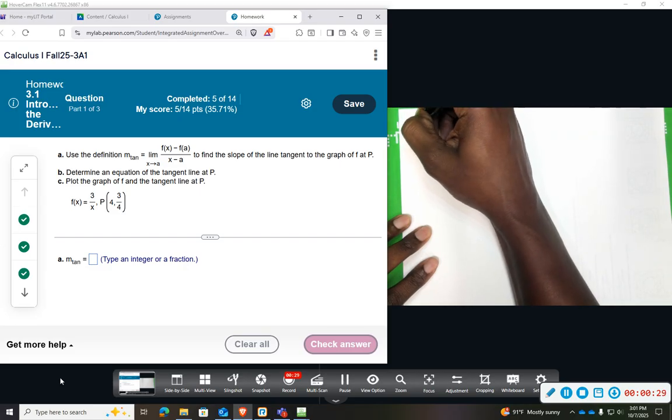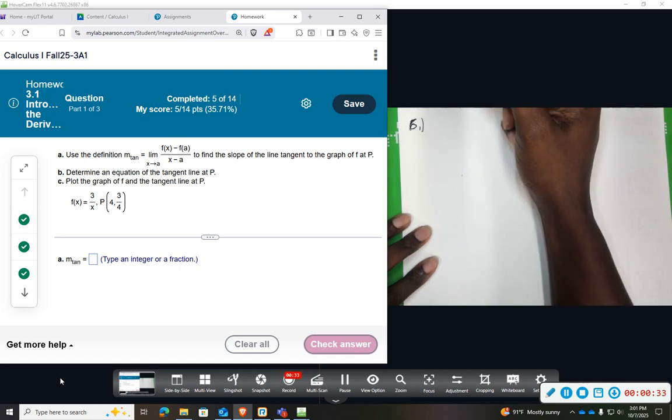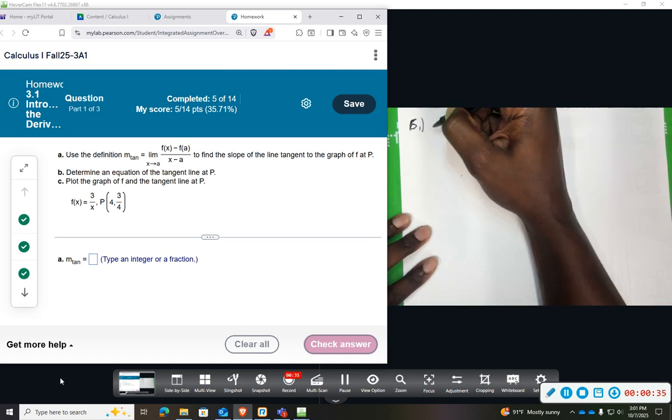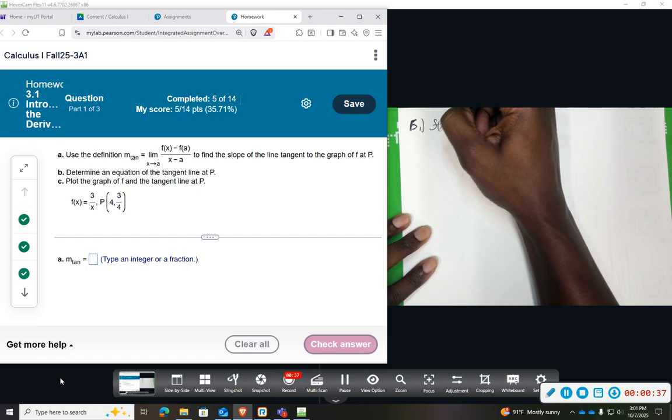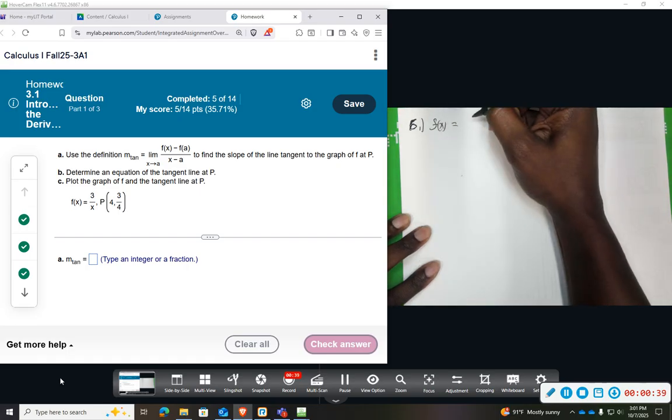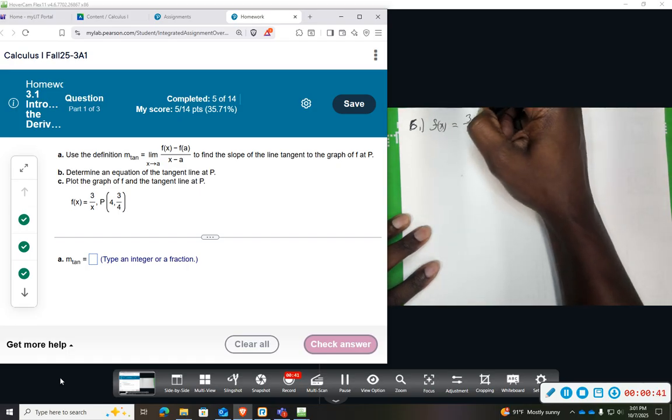So number 6. Our function f of x is equal to 3 divided by x.